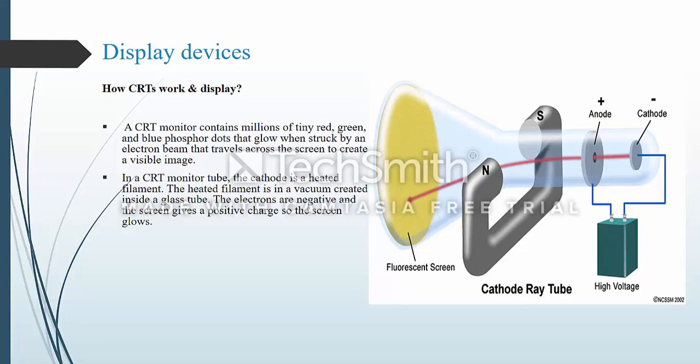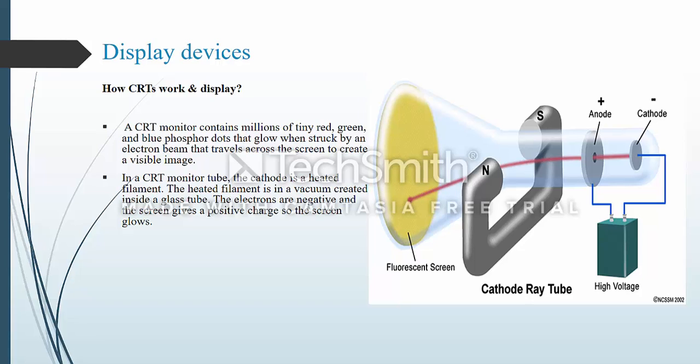Two pairs of deflection plates are provided in the CRT. These deflection plates are mounted at right angles to each other to provide electron beam deflection along the vertical and horizontal axis of the screen. The screen consists of glass coated with a fluorescent material like zinc silicate, which is a semi-transparent phosphorus substance.